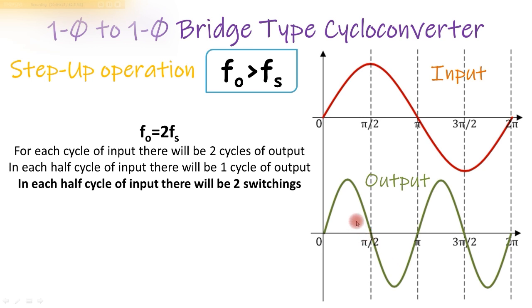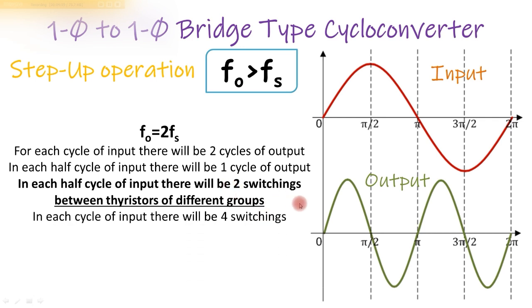One switching will be of the positive group, P group, so that output is positive, and the next switching will be of the N group or negative group to obtain negative output. So in each half cycle there will be two switchings between different thyristor groups. That is, this switching will not be between P group and P group or N group and N group. This switching will be between P group and N group.